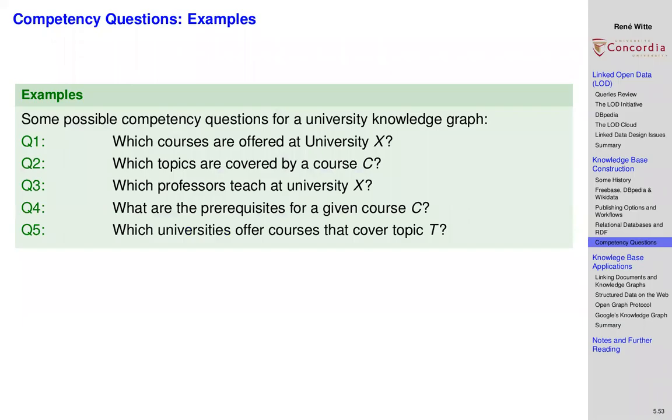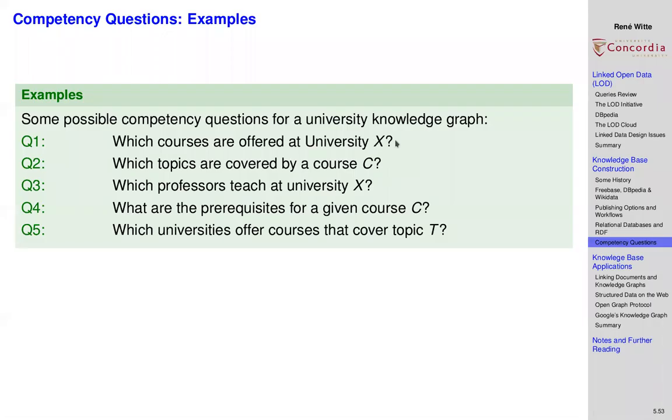So let's say you're building an AI system for something university related, something we started doing with the exercises on the worksheet and the lab, and something that we'll continue doing in the project. Then you could come up with these competency questions here. For example, you want to be able to answer which courses are offered at a given university.